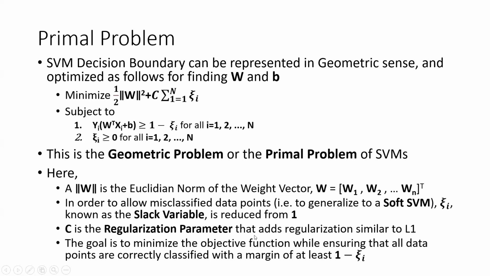The psi i values are used for each of the data points, representing the slack value, or the values that can arise due to misclassification. For the moment, that's just what you have to keep in mind. In this statement, the capital C is, as I said, a hyperparameter, which is a regularization parameter that you have to select.